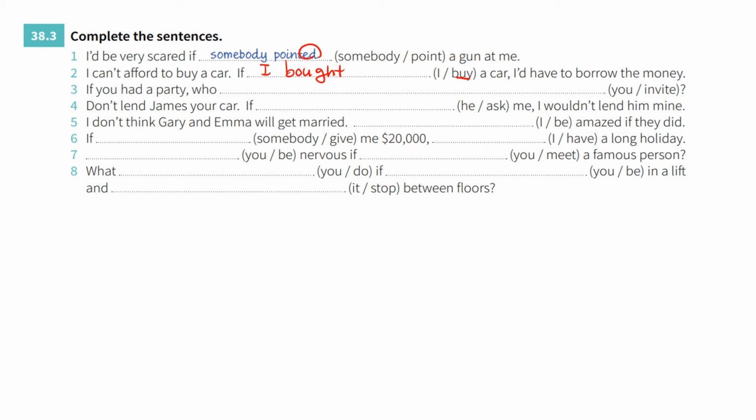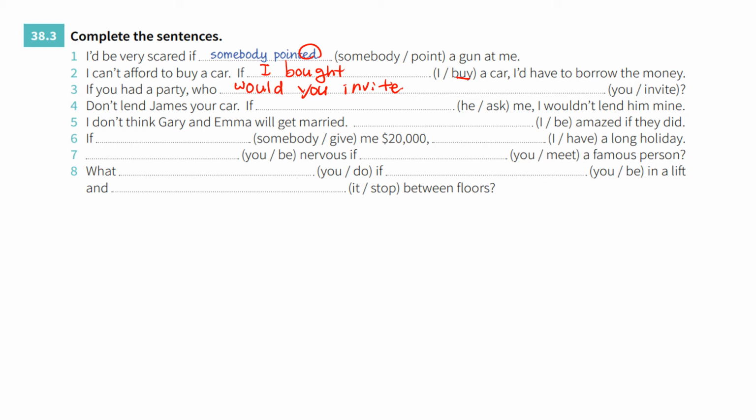Number 3, if you had a party, who would you invite? So you're not having a party, but in your imagination, in case you have a party, who would you invite?